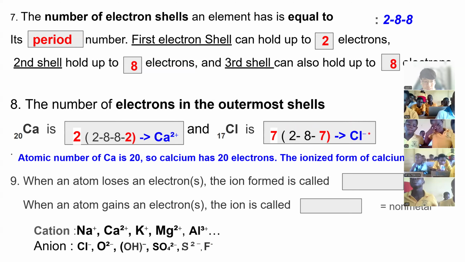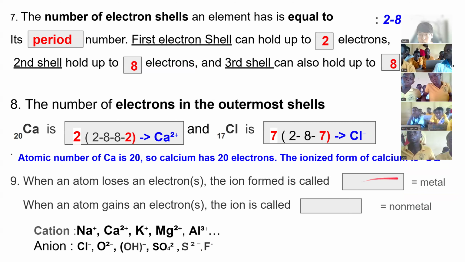So we can simplify and give them names. When an atom loses an electron, the ion formed is called a cation, which are the metals, as we call them.